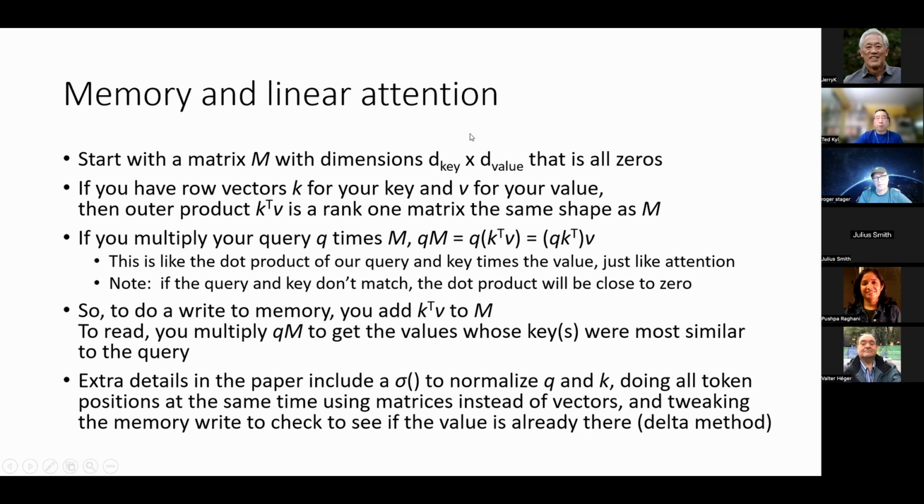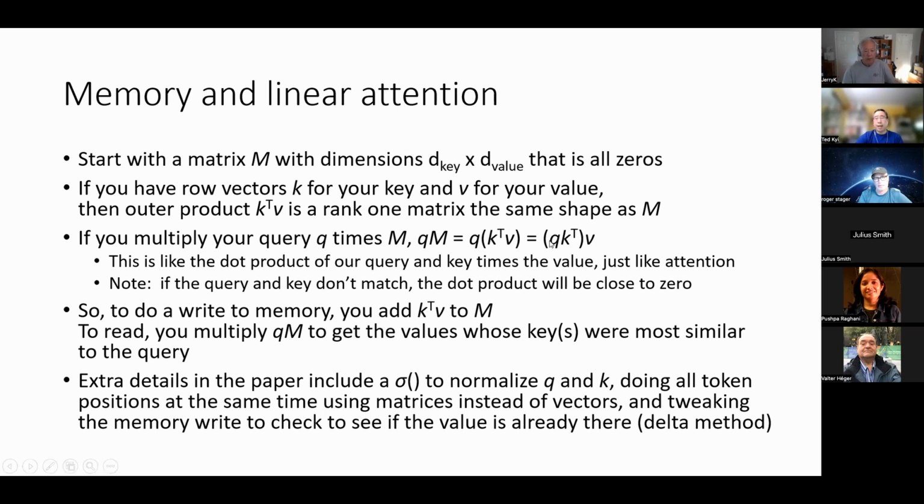We have all zeros, and we put in a key, and it's the key for the word great, and it's got certain floating point numbers. And then we try to pull a value out of it, but it's for the word excellent. And it's similar, but it's not the exact same thing.